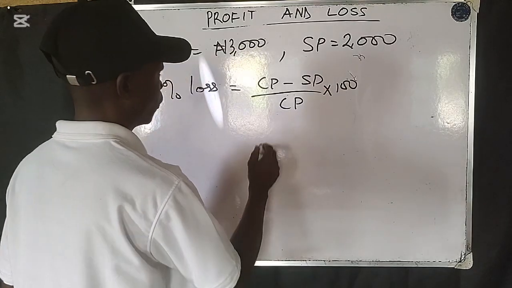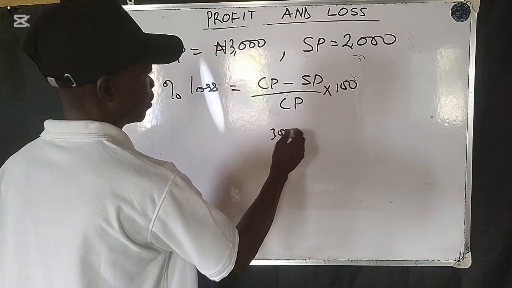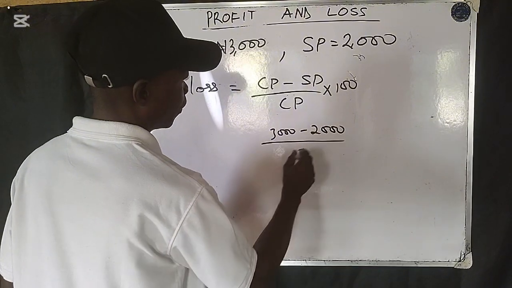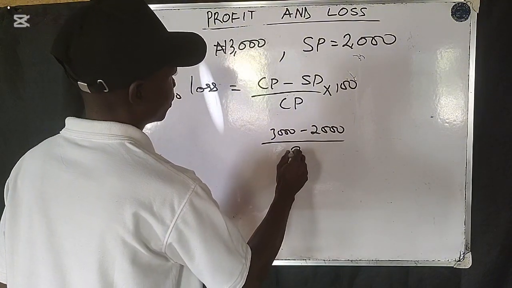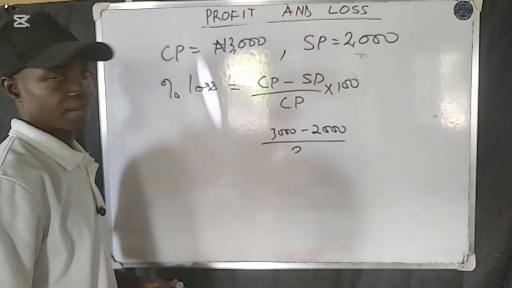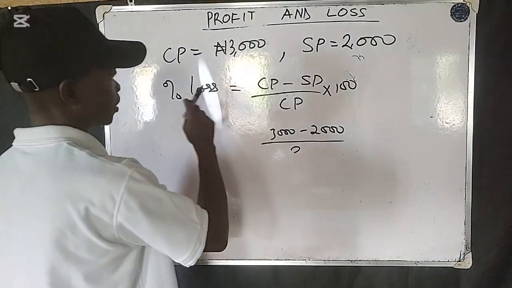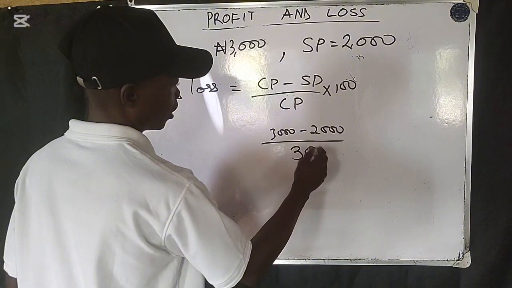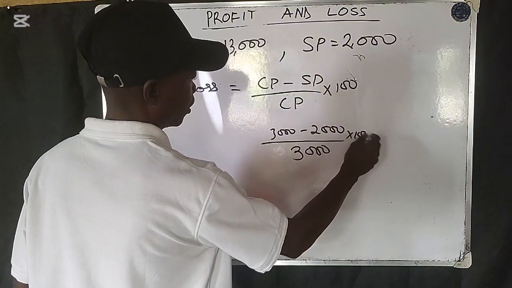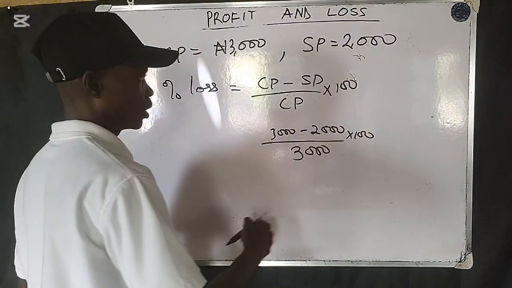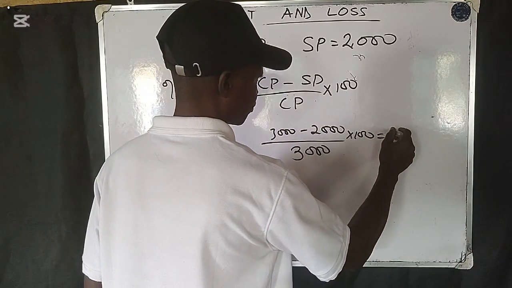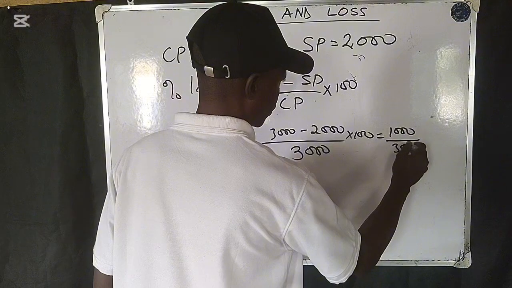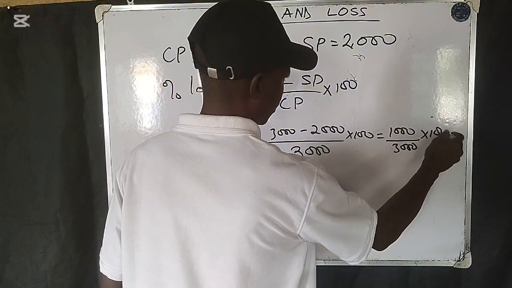In that case, we have 3,000 minus 2,000 over 3,000, which is the CP, right? Always over CP, times 100. If you subtract this, you're going to get 1,000, which is the loss, right? Over 3,000 cost price times 100.